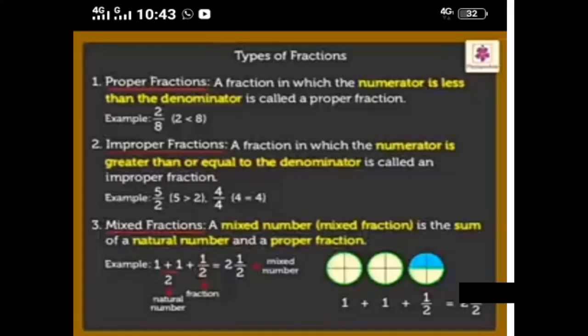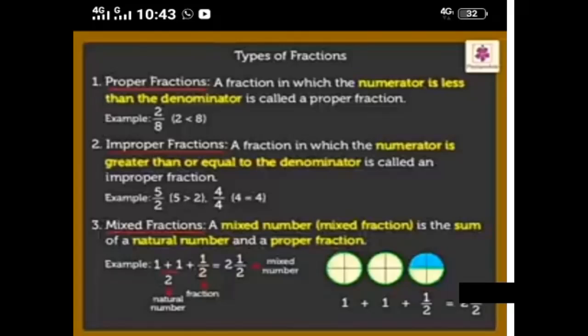For example, 5/2. What is the denominator? 2. Which is the numerator? 5. What is the difference between 5 and 2? The numerator is greater than the denominator. Denominator വലുതാണല്ലേ numerator.